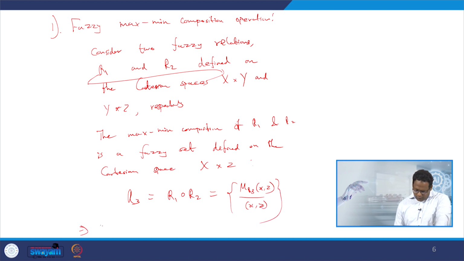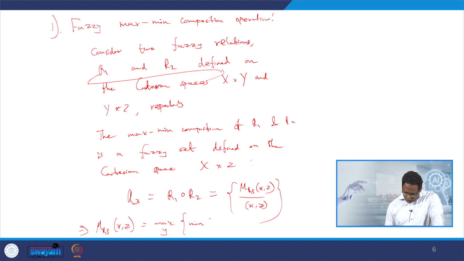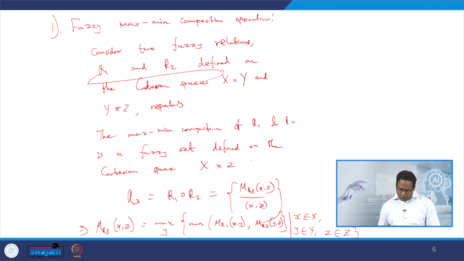Here mu R3 of x comma z is given by the expression maximum over y of minimum of mu R1 of x comma y and mu R2 of y comma z, such that x belongs to capital X, y belongs to capital Y and z belongs to capital Z. Okay, so this is the formal definition and expression for fuzzy max min composition operation.